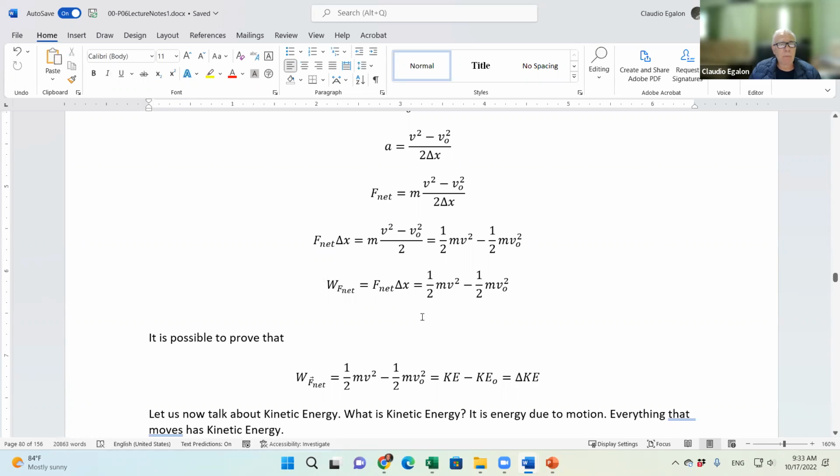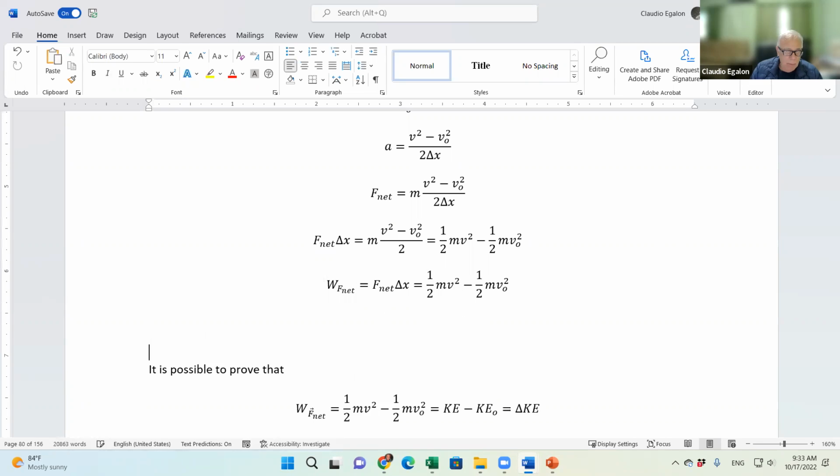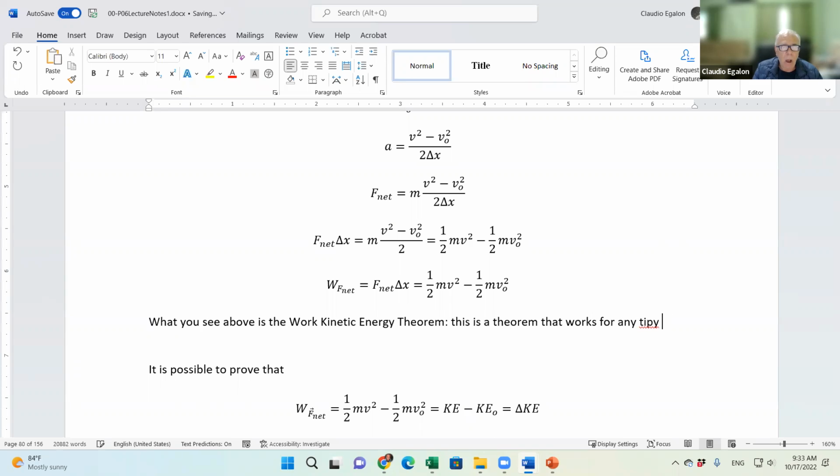And that's what we call the work kinetic energy theorem. This is a theorem that works for any type of motion, and that can be proven mathematically.